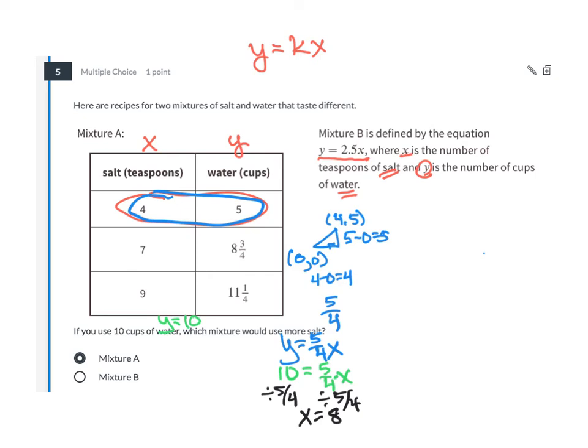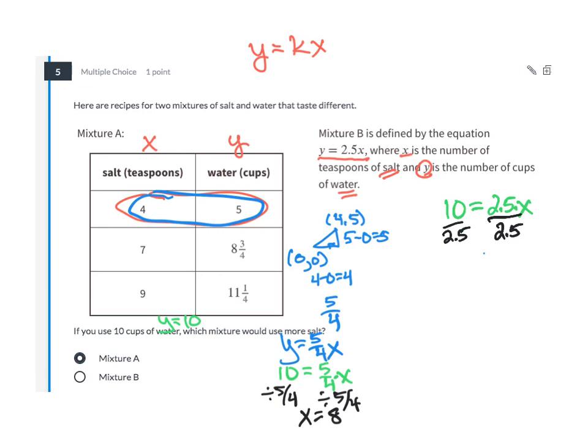Let's find mixture A. So we're going to take 10 and put that into the equation up here of y equals 2.5x. So we have 10 equals 2.5x. 2.5 and x are multiplying. So to solve it, we are going to divide by 2.5 on both sides.